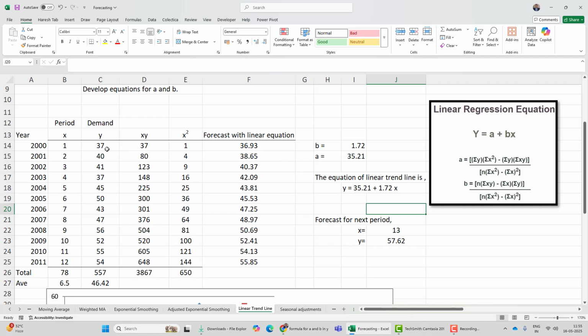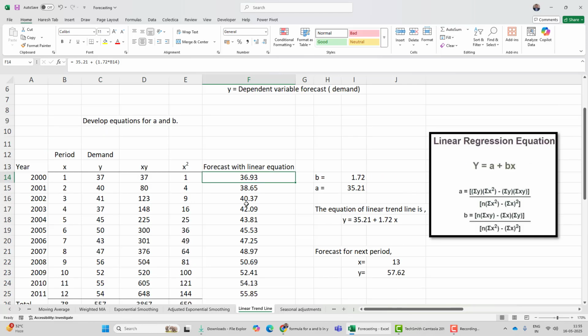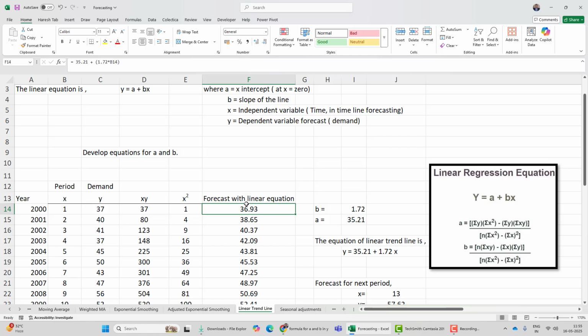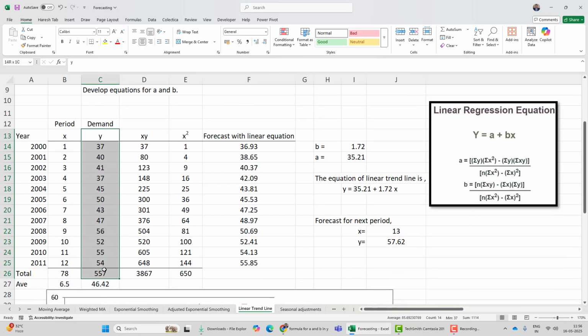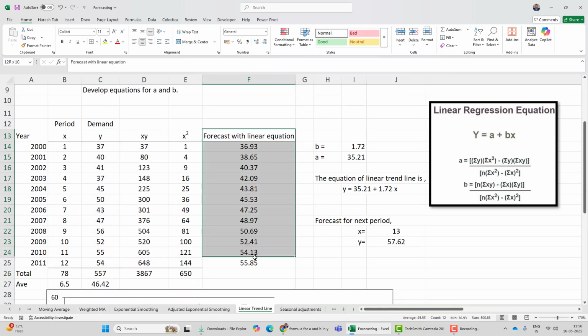If you put these values of x into the equation, you will start getting the forecast for these periods also, and the actual value and the forecast can give you the error, which we learned in my previous video on how to calculate model accuracy or the various errors like MAD, MAPE, MSE, etc. For that we will require the demand and the corresponding forecast values. Thank you.